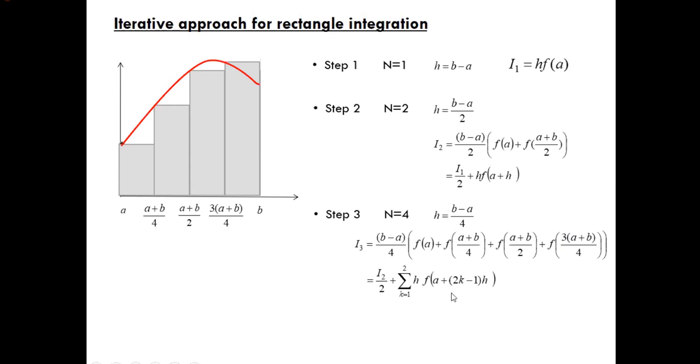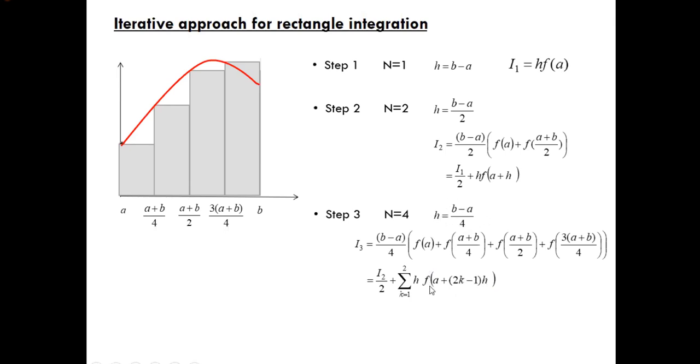So I can express this as the sum from k equals 1 to 2 of f of A plus (2k minus 1) h. For k equals 1, you have f of A plus h, where h is now (B minus A) over 4.